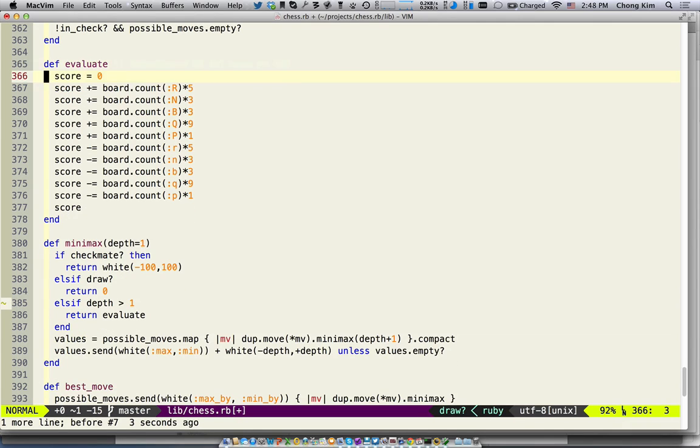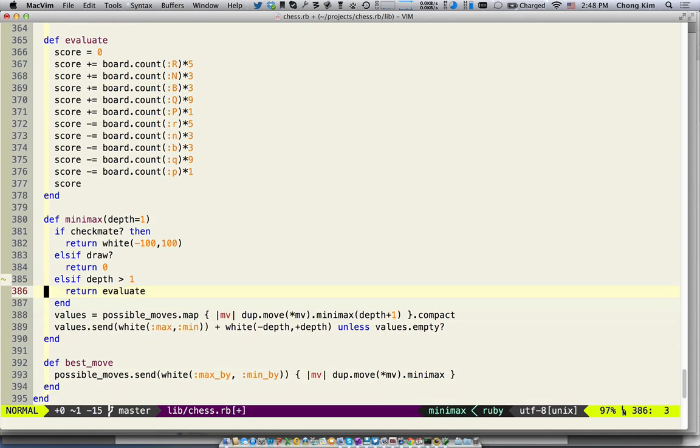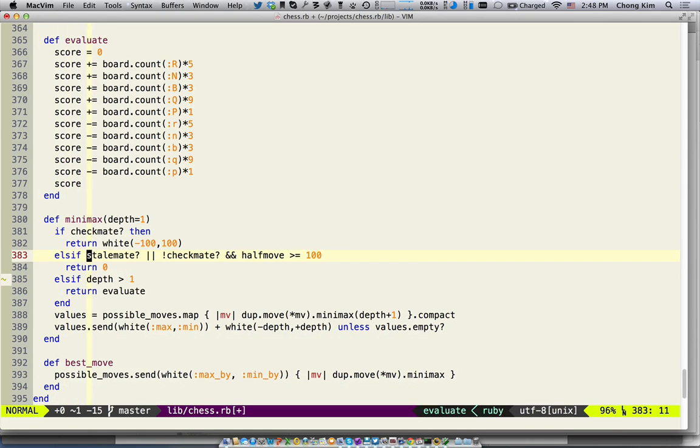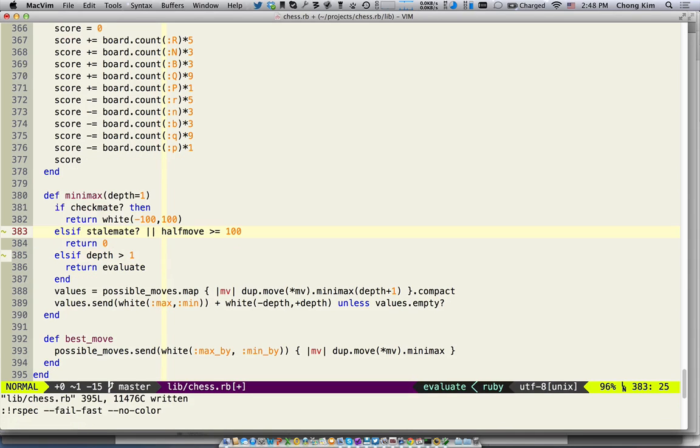Actually, delete that and go back to the minimax and replace this, because I don't think I'm going to be using draw at all. We know it's not checkmate because otherwise it would have been caught by this clause. So we can just remove that. This way we don't have an expensive function being called twice.